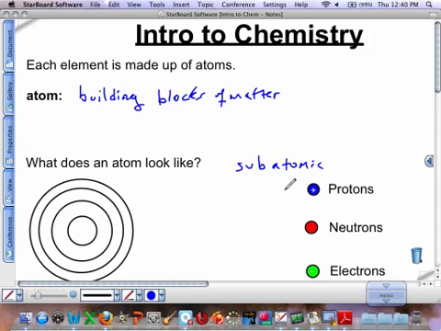We couldn't really see them. We didn't have any tools that allowed us to see them, so for a very long time, we thought these things were just very theoretical. We weren't really sure if they existed or not. It seemed like they would, but we had no way to test that. So we used to think that they were just like this big ball. Well, in this sense, a really small ball.